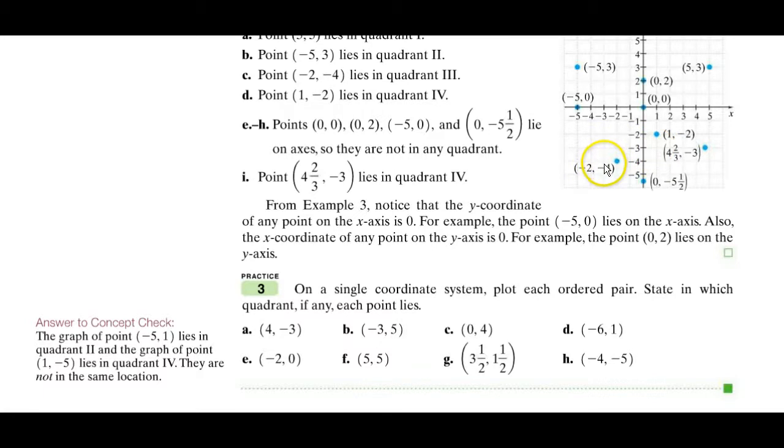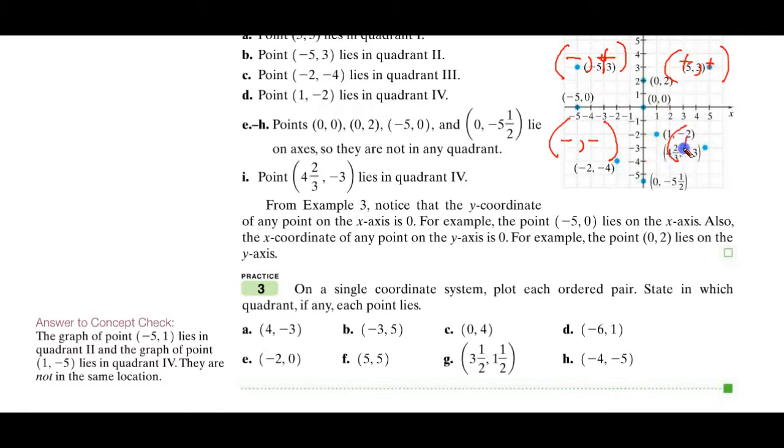Now, an interesting thing is that depending which quadrant you're dealing with, and we can use this one as an example, here both coordinates are going to be plus. Here the x is negative, but the y is plus. Here they're both going to be negative.